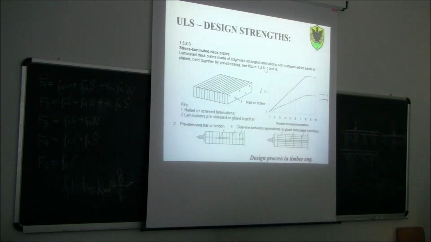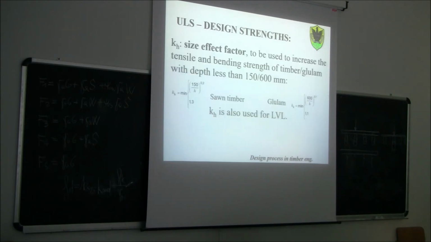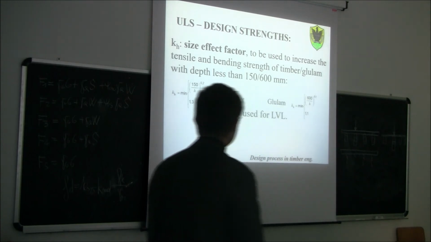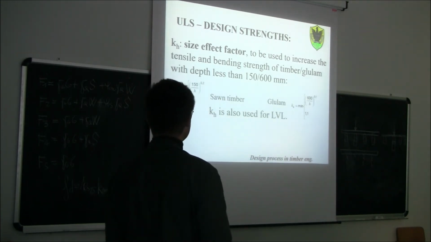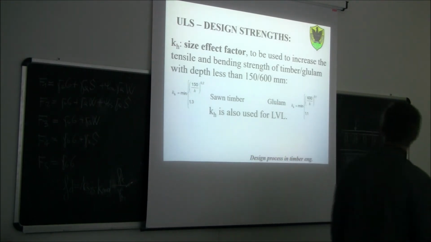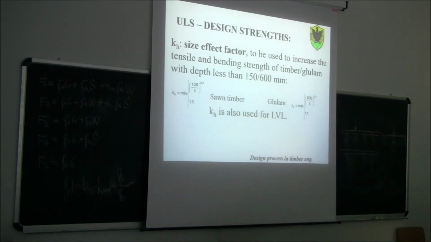And then we have a last factor that we already saw before, which is called k_h, the size effect factor. The size effect factor is used to increase the tensile and bending strength of timber and glulam with depth at 150 and 600 millimeter.